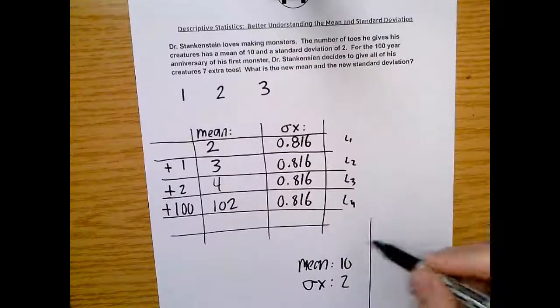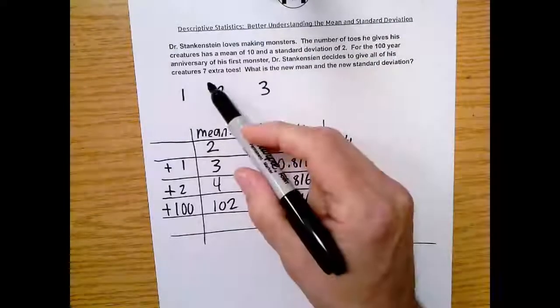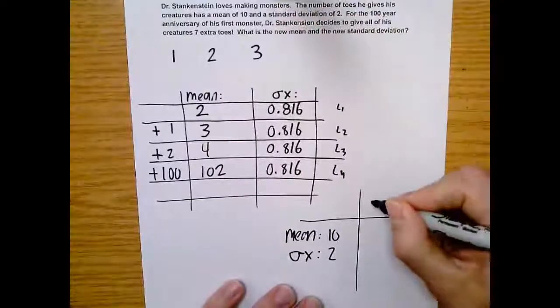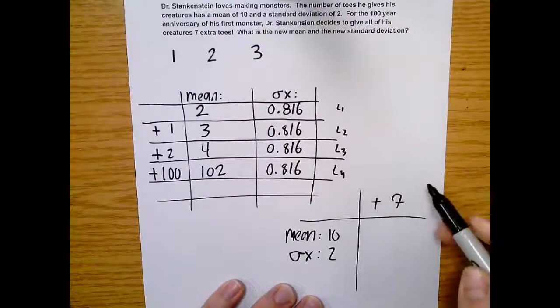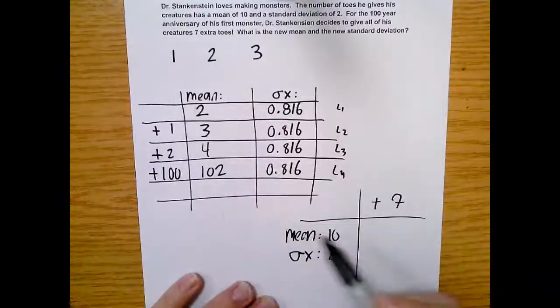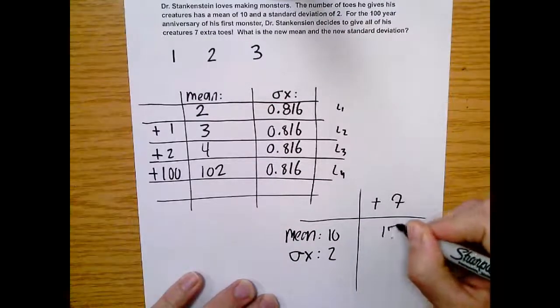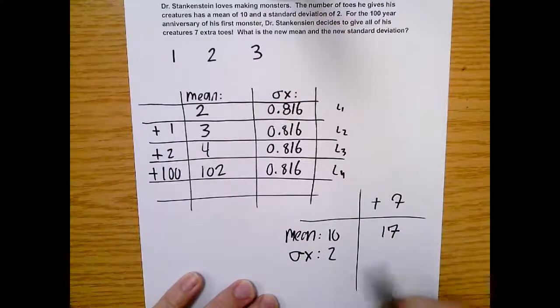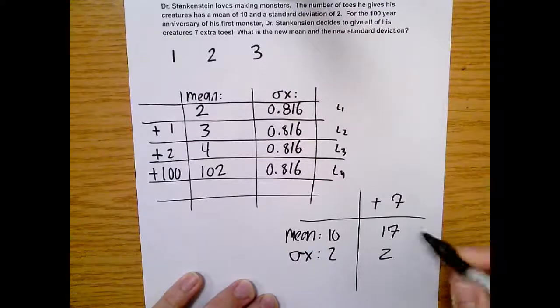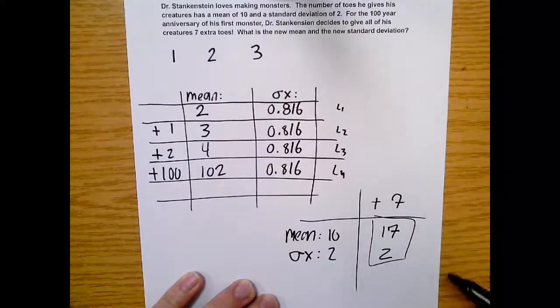After Dr. Stankenstein added 7 extra toes, using what we just learned, we know the mean will go up by 7, and we know that the standard deviation will not change. And that is your answer.